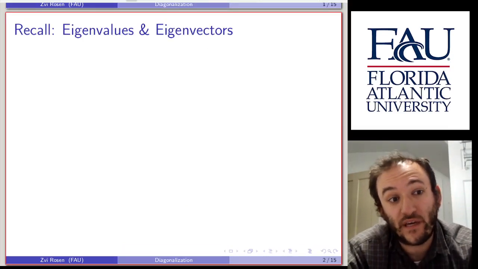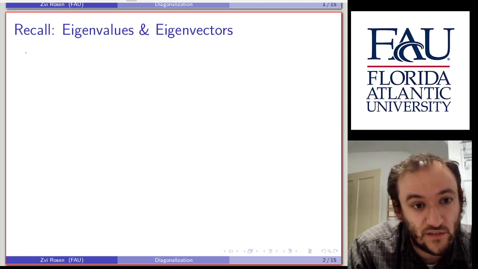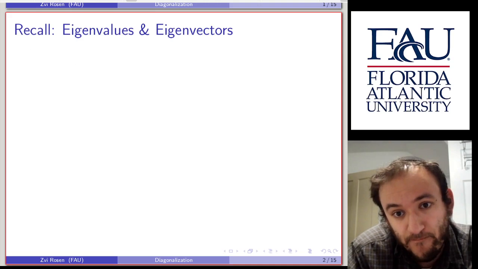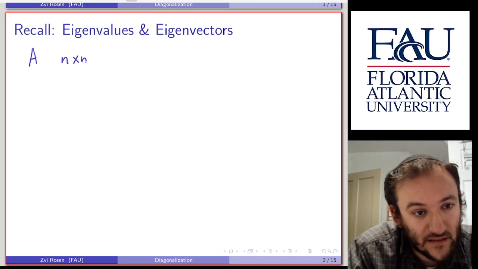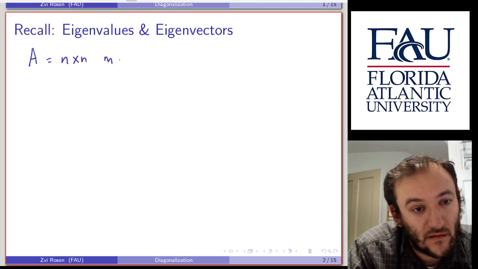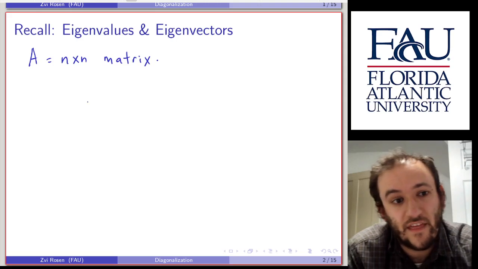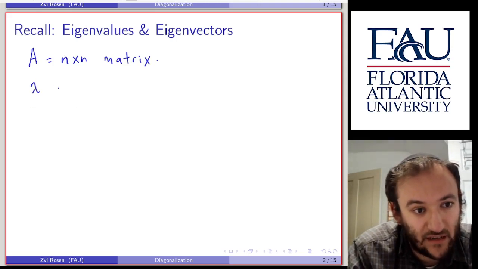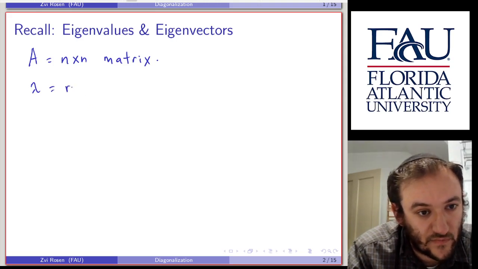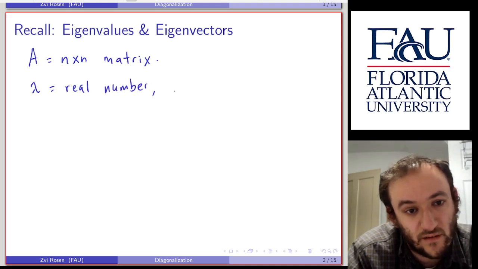In the last lecture, we learned about eigenvalues and eigenvectors, and these are associated to a square matrix A. So if we have A, an n by n matrix, then an eigenvalue is a value lambda. This is usually a real number. In some contexts, a complex number, but we'll take it to be a real number.